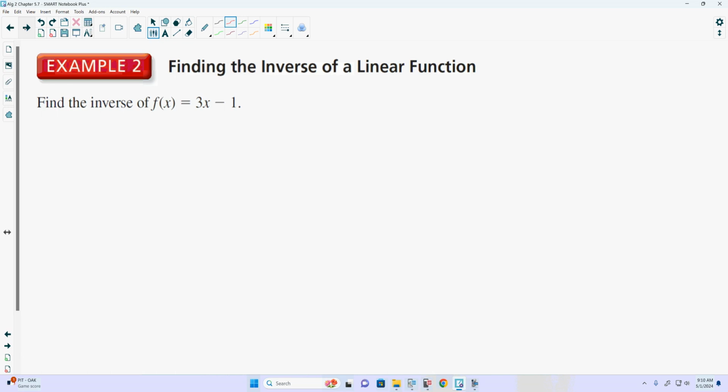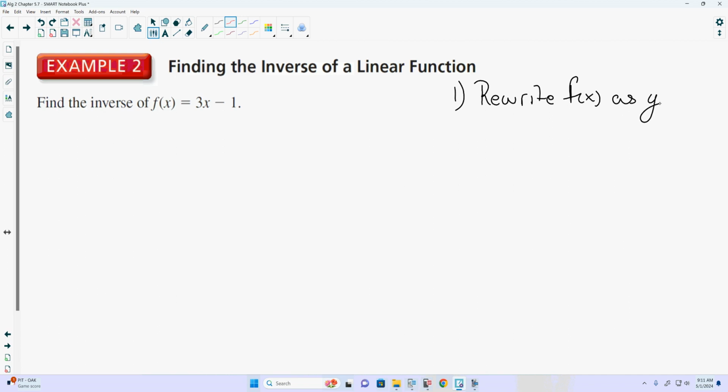And yes, we're skipping over example 1 because example 1 is pretty much what we're doing. It's just they have it in a different context. Now we do have steps. So our first step in finding the inverse is 1, rewrite f of x as y.